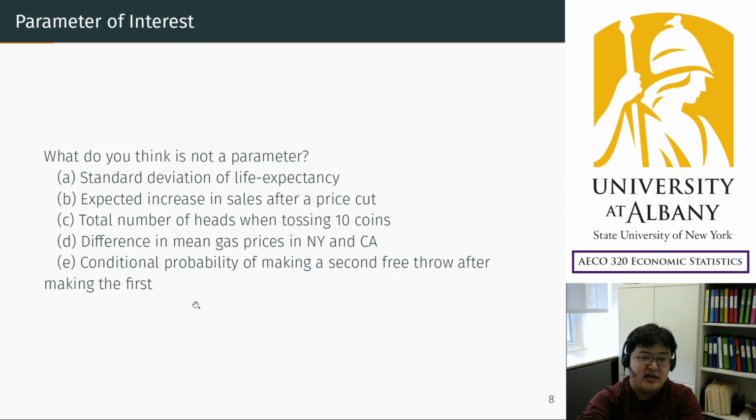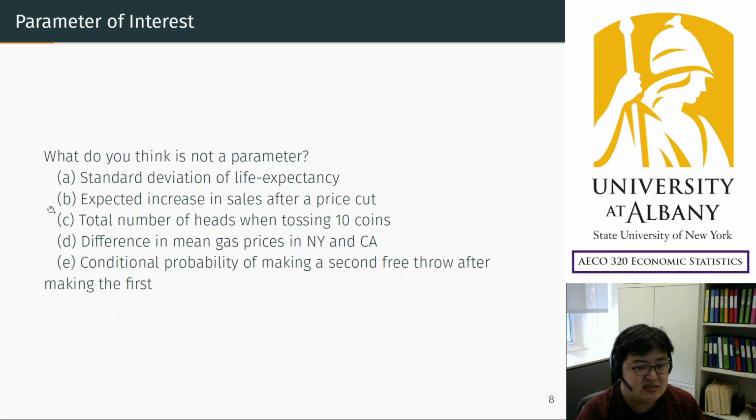So I gave you 5 totally different estimation problems, but actually one of them is not correctly specified. One of them cannot be a parameter. What is that? Think about that. Okay, it's just a brain teaser.